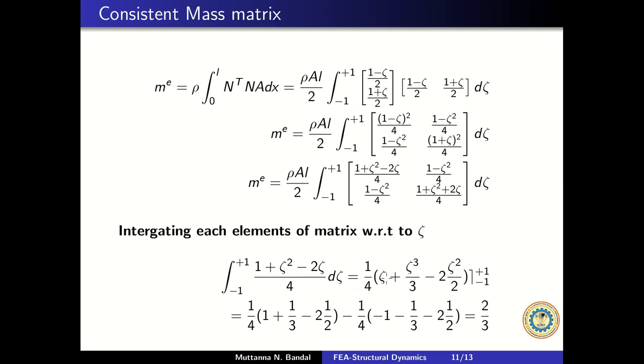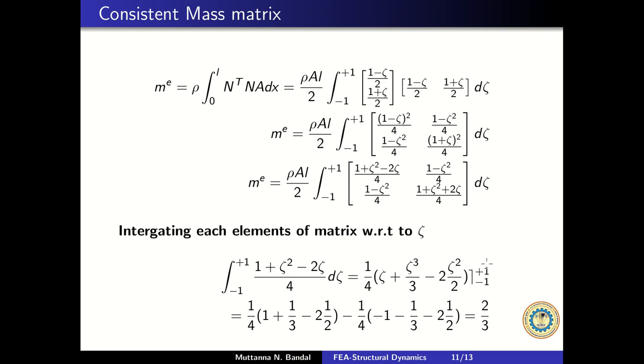I am taking 1 by 4 outside. So 1 by 4 into the integration of 1, which is zeta, plus zeta square, which is zeta cube by 3, minus 2 zeta, whose integration is zeta square by 2, and the limits are -1 to +1.